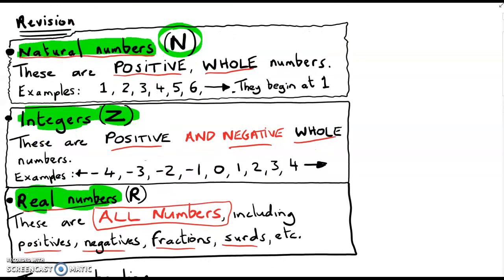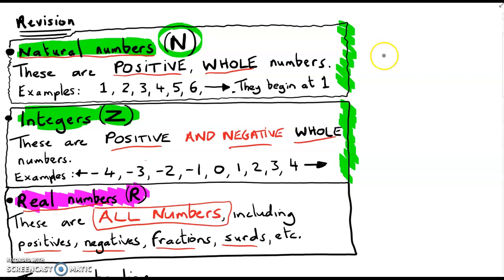You'll notice that for the first 2 types of numbers, so natural and integers, there's a kind of a similarity. And the similarity is that they both are talking about whole numbers. Okay? Now, for natural, we're just talking about the positive whole numbers.